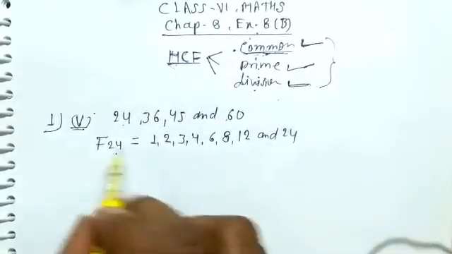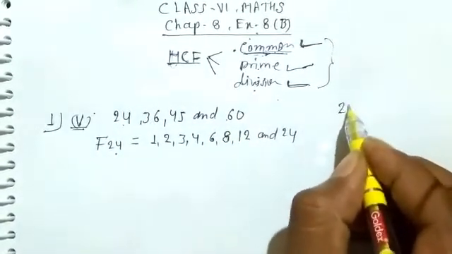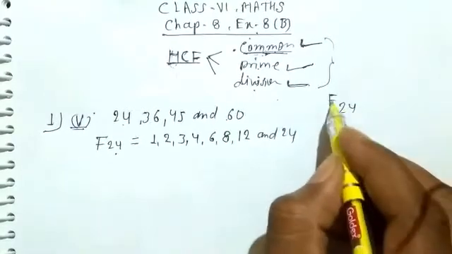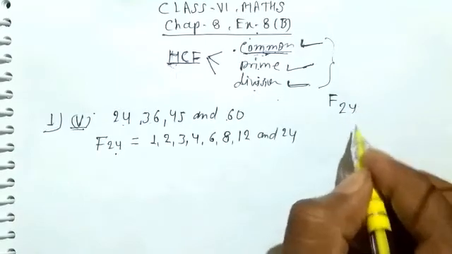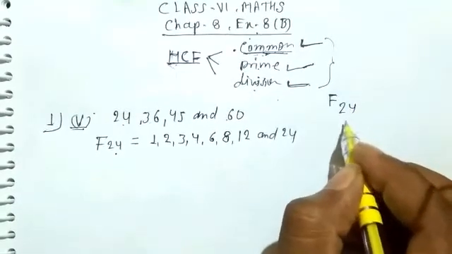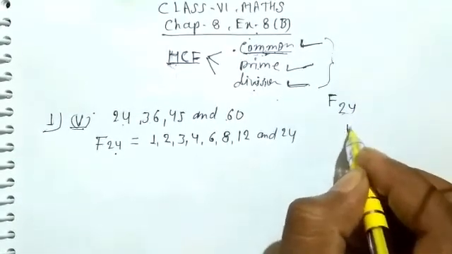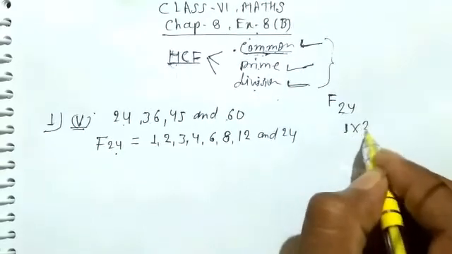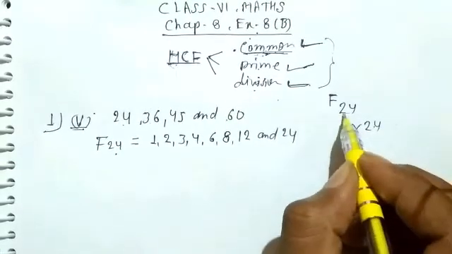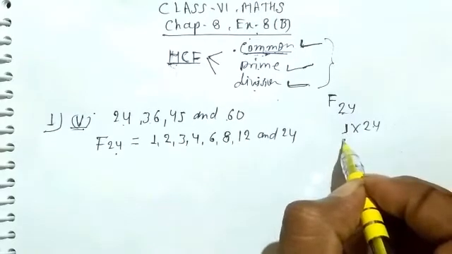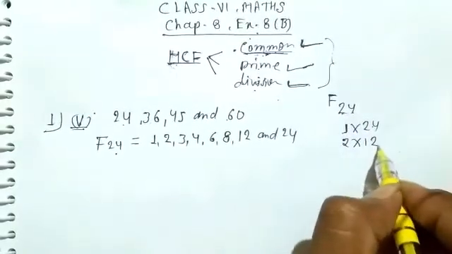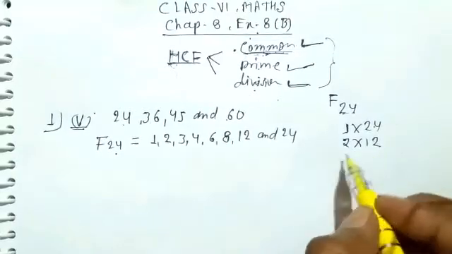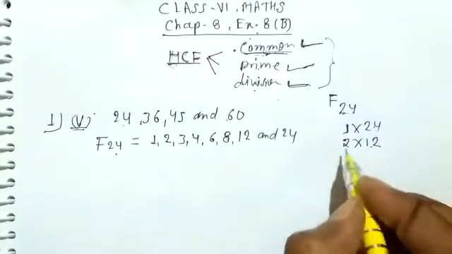How can we find out the factors of 24? That is the proper method, which I already explained in part 2. 1 and the number itself are factors of each number. So the factors of 24 will be 1 into 24, these two factors. Then this is an even number, so divide by 2: 2 into 12, so 2 and 12 are factors.